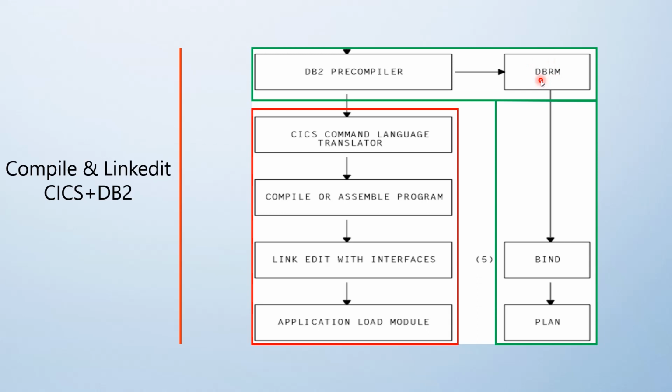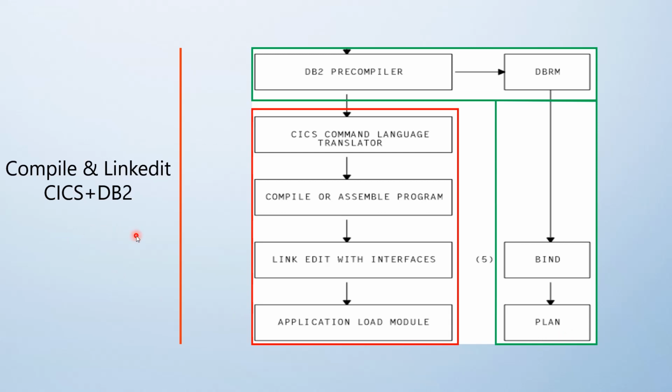Those SQL statements are subjected to a process called bind. Bind is nothing but compiling your EXEC SQL statements, and it creates an executable thing called a plan, which resides inside DB2.